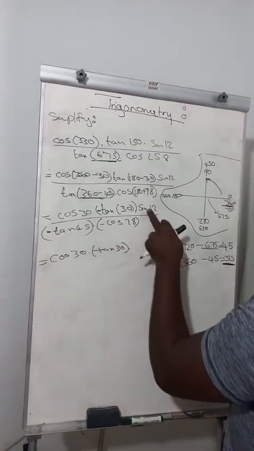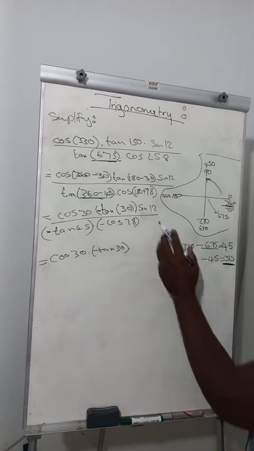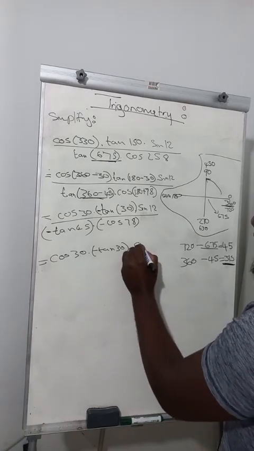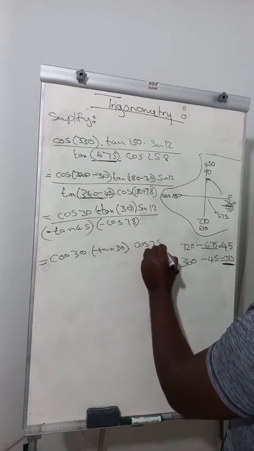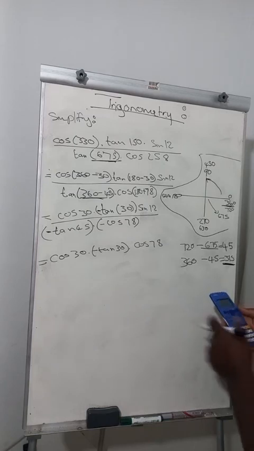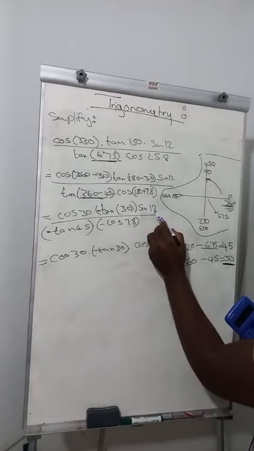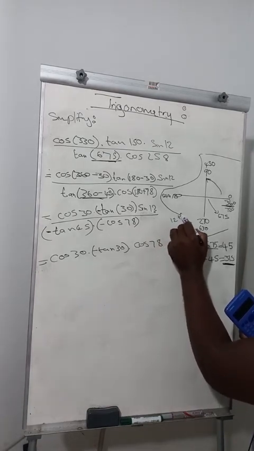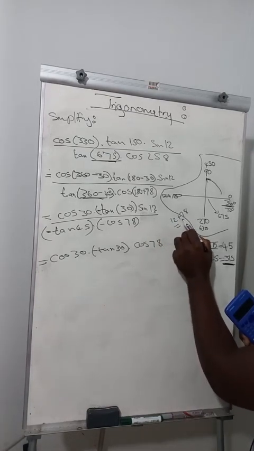Multiply by, what is sine 12? Sine 12 has got a cofunction which is what? A cos 78. Because if you say 78 plus 12, you get a 90. If you say 12 plus 78, you'll get 90.